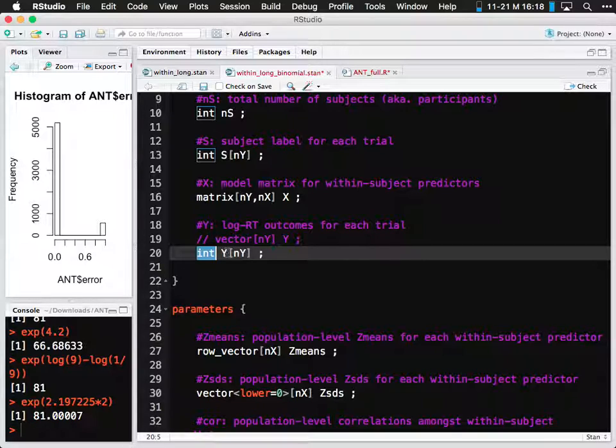Now, it also happens to be the integers 1 or 0. When we prepare data for Stan, we have to feed it data that is 1s and 0s. We can't use the data we already used this class because it wasn't 1s and 0s. You wouldn't be able to use the RT column, but you could use the error column because that is 1 and 0.